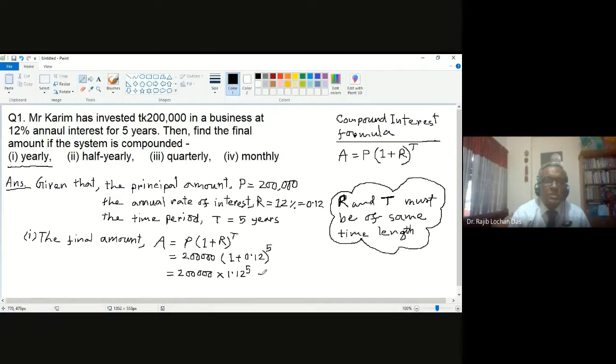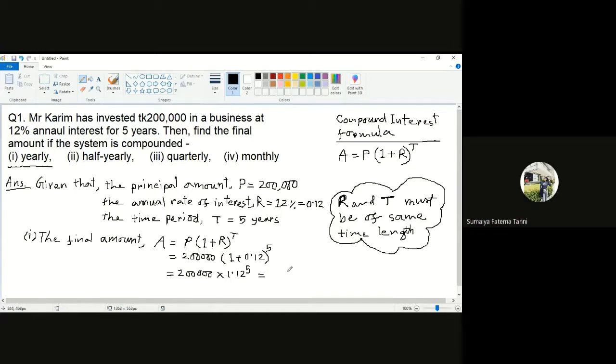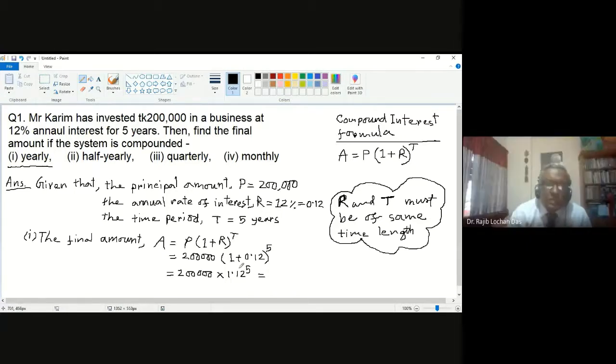So it is easy to use your calculator and find out the answer. So what is the answer here? Can you tell me the answer? 1.76, sir. 1.76. So into 2 lakh, what will be the final answer? The last answer.